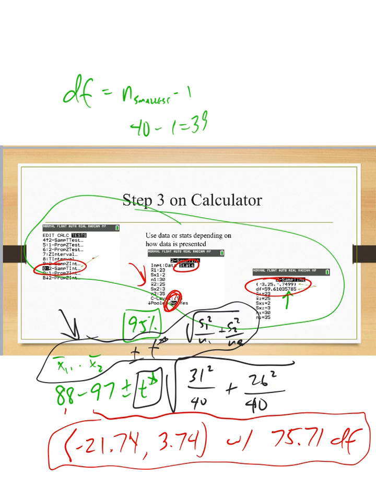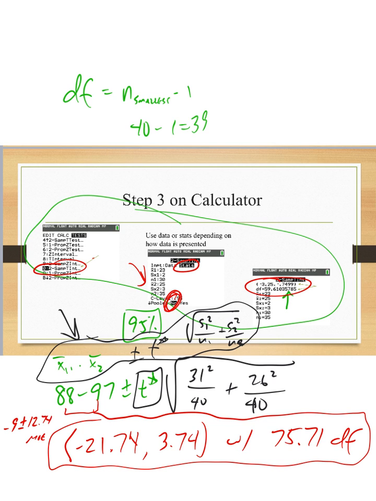Our margin of error is actually 12.74 in either direction here, because negative 9 was our middle of this interval. So this was negative 9 plus or minus about 12.74 as the margin of error.